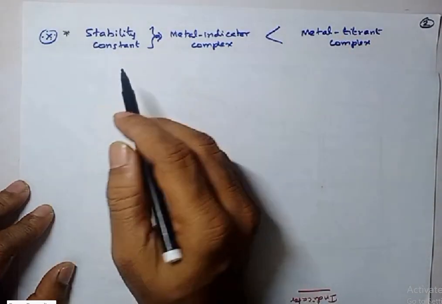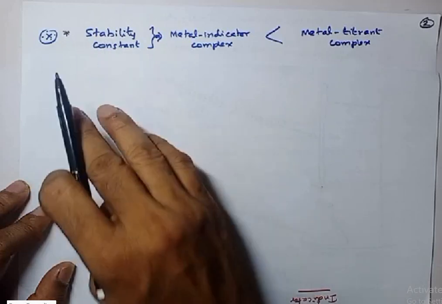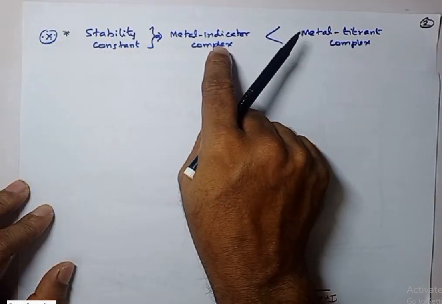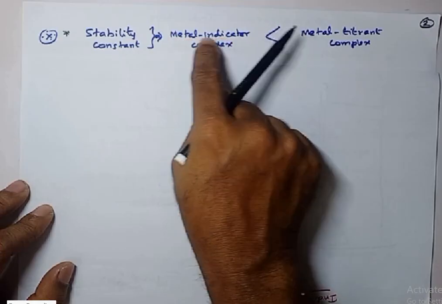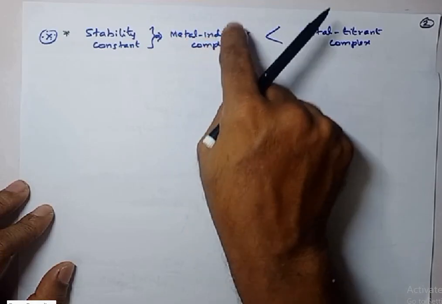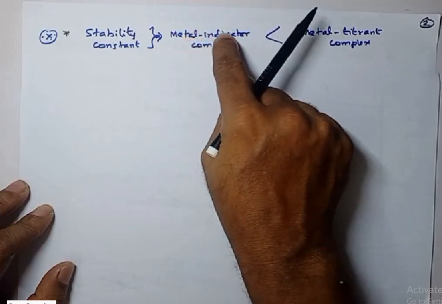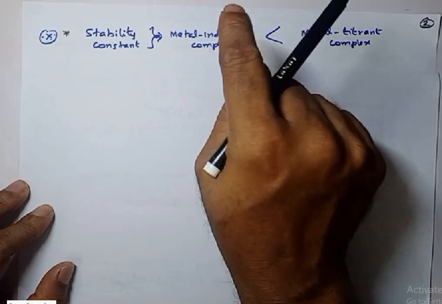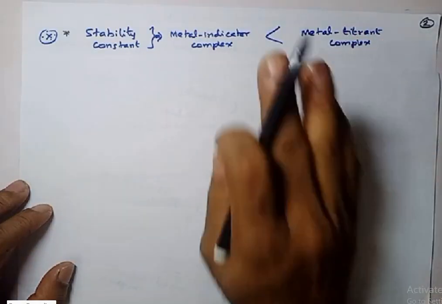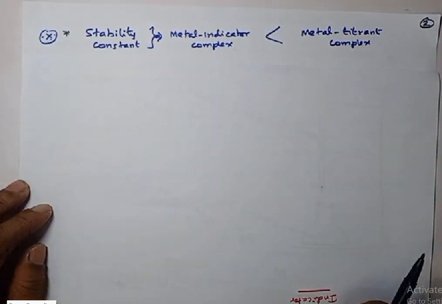In the case of complexometric titration, the metallochromic indicator forms complex with the metal, so you get metal indicator complex. The stability constant of the metal indicator complex should be less than that of the metal titrant complex. Then only we can perform complexometric titration.